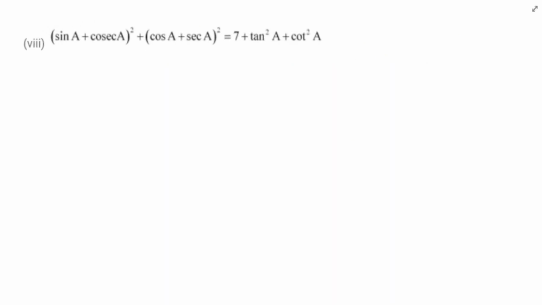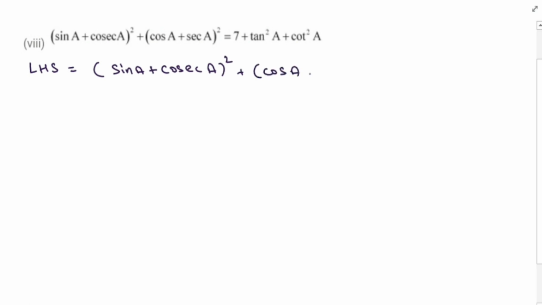So we have (sin A plus cosecant A) whole square plus (cos A plus secant A) whole square equal to 7 plus tan square A plus cot square A. Consider the LHS: (sin A plus cosecant A) square plus (cos A plus secant A) whole square.